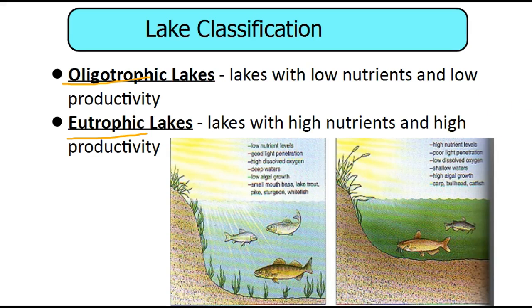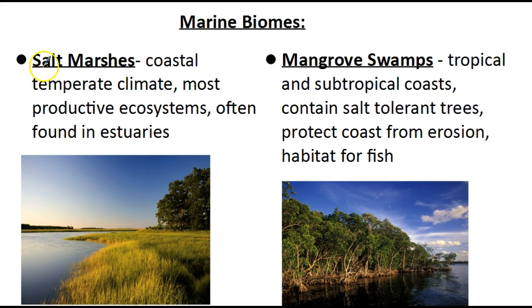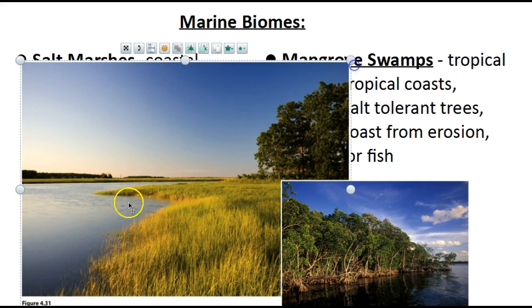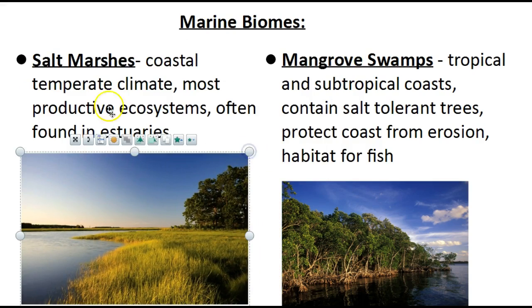So when we go to saltwater, we've got lots of different biomes. I wrote most of these down for you. Salt marshes: here's what a salt marsh looks like. It looks like a regular marsh or wetland. The key here is that it's usually found where a river meets an ocean, so we get a mix of salt and fresh water. Super productive.